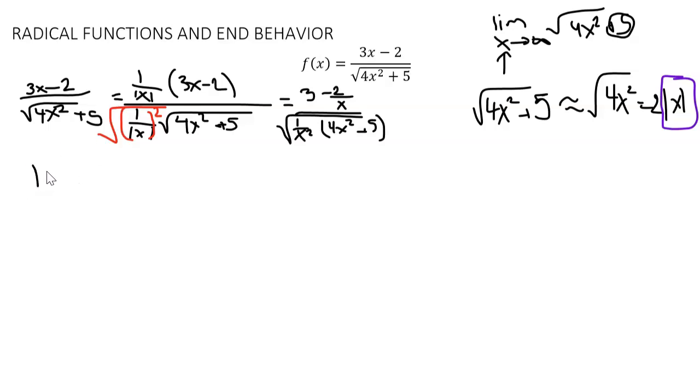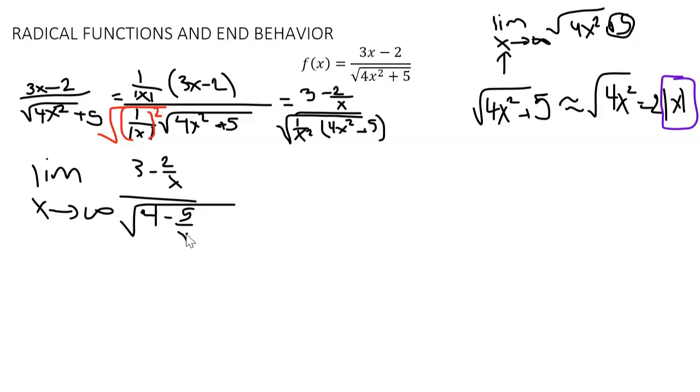So I'm going to go ahead and evaluate my limit as x approaches infinity of 3 minus 2 over x over the square root of 4 plus 5 over x squared. So let's think about each term. My numerator, since 2 over x approaches 0 as x approaches infinity, becomes 3 minus 0.